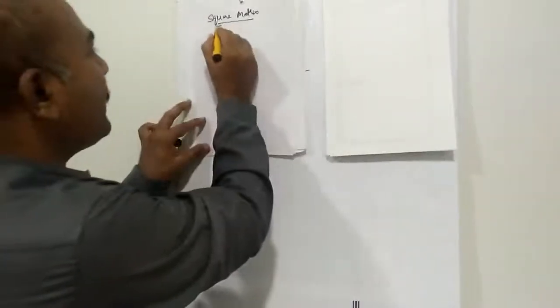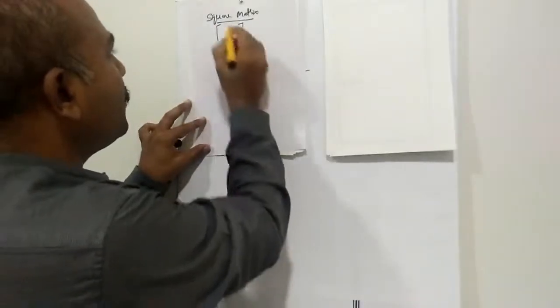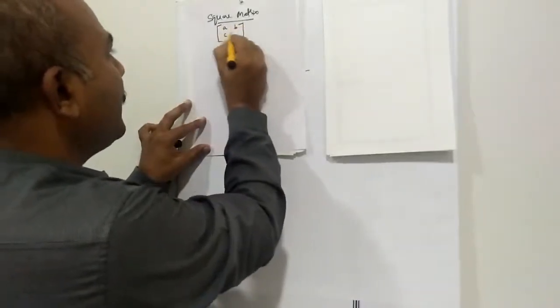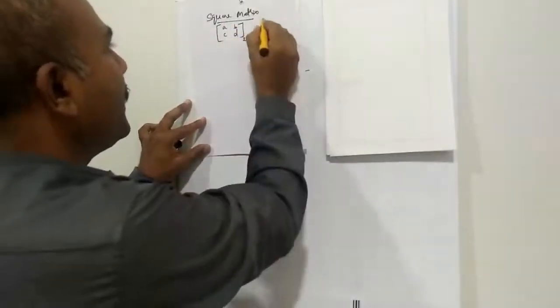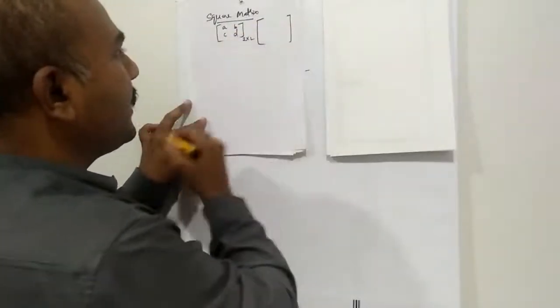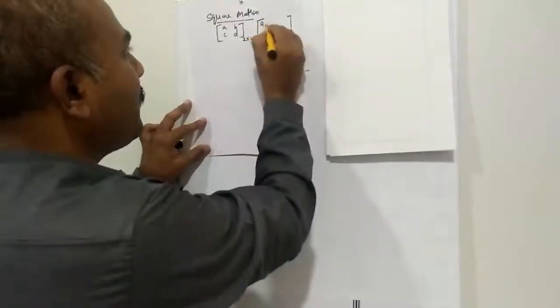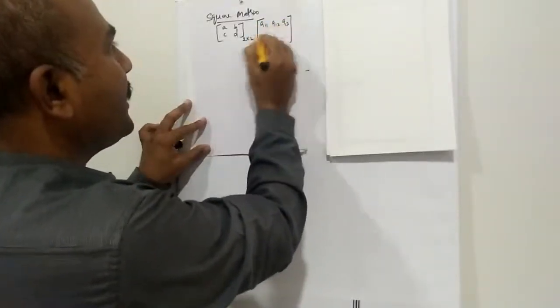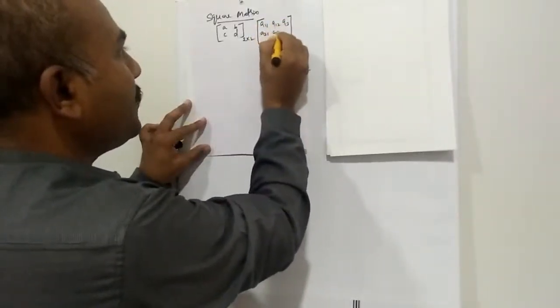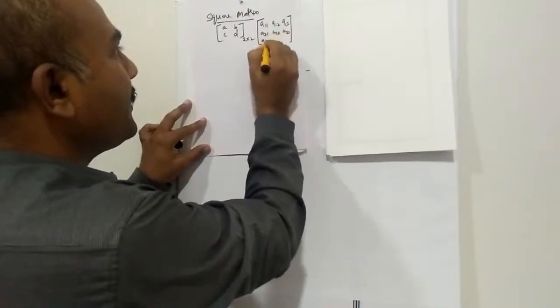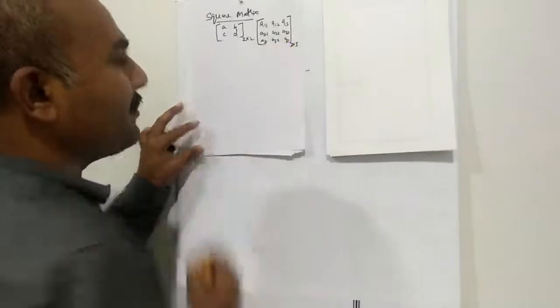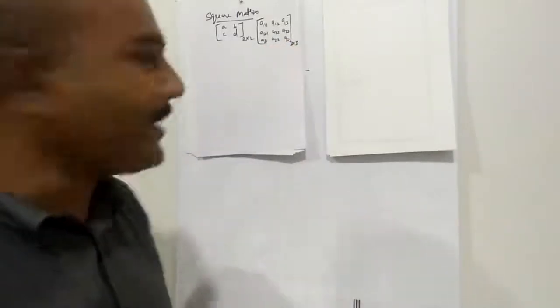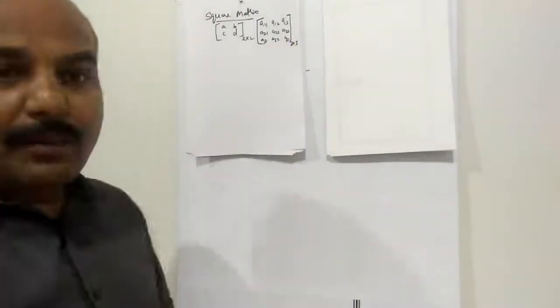A square matrix of the dimension 2 into 2, for example, A, B, C, D. This is of the order 2 into 2, 2 rows and 2 columns. If it has 3 rows and 3 columns: A11, A12, A13, A21, A22, A23, A31, A32, A33. So this is of the order 3 into 3. Like that 4 into 4, etc. This is called the square matrix.